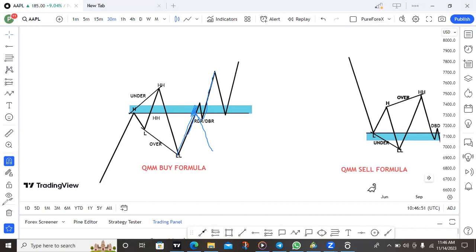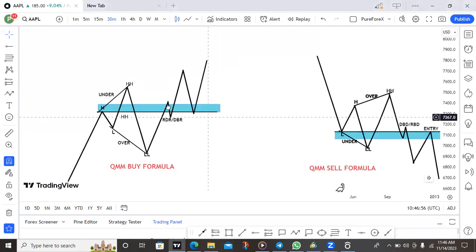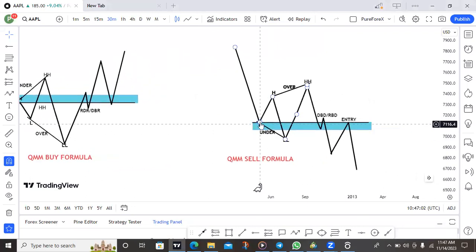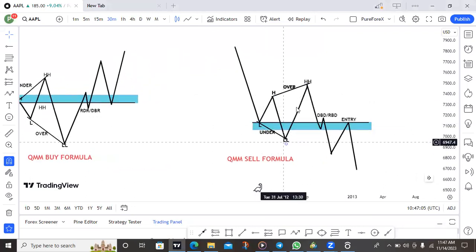So let me explain Quasimodo manipulation for sell. In this Quasimodo manipulation sell formula, as usual, this is a low, a high, a lower low, and higher high. So we expect price to come down to this point where we expect price to form the right shoulder of the QM, then we buy.